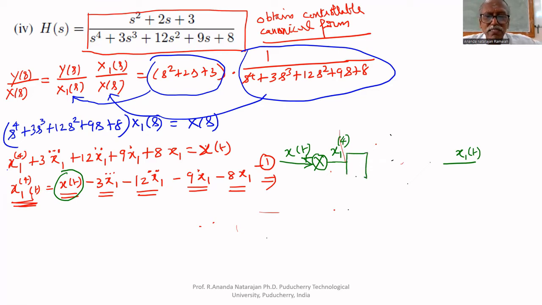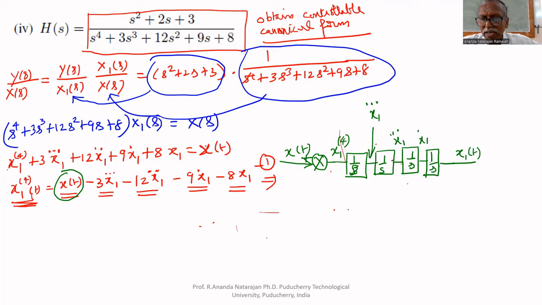If you integrate once, you will get the third derivative of x1. Once again, if you integrate, you will get the second derivative. Once again, if you integrate, you will get the first derivative.